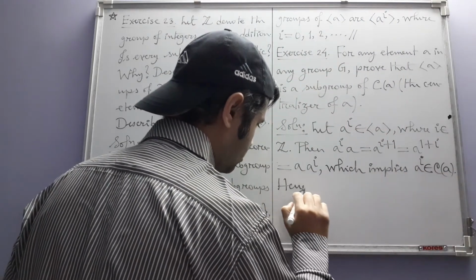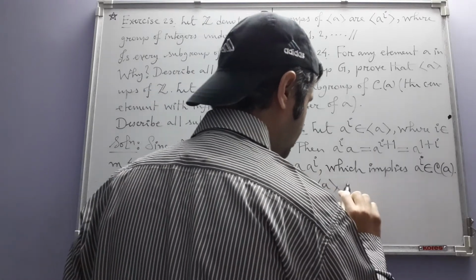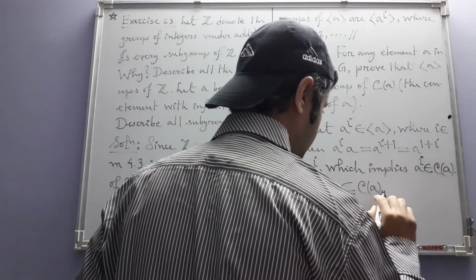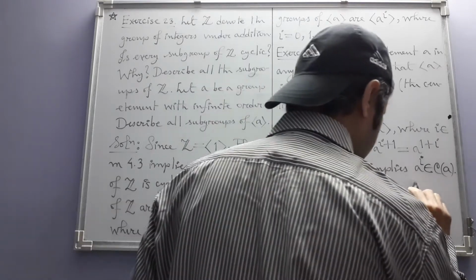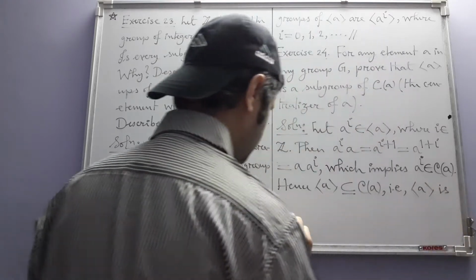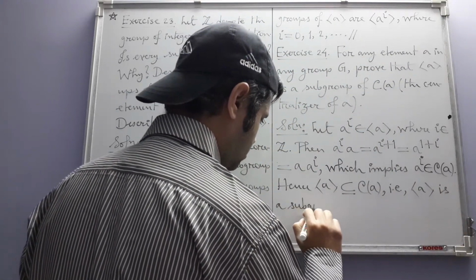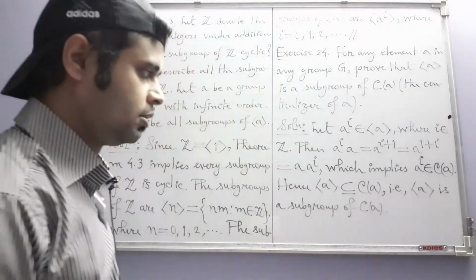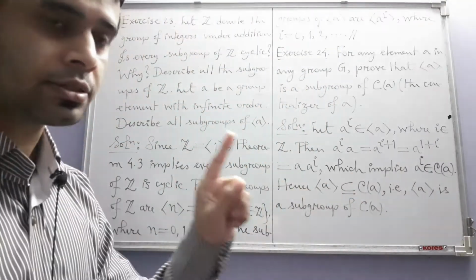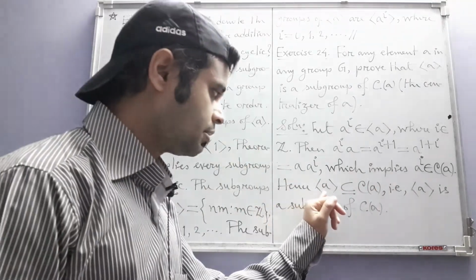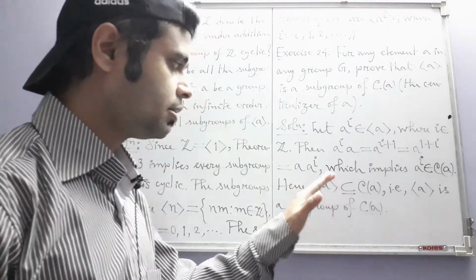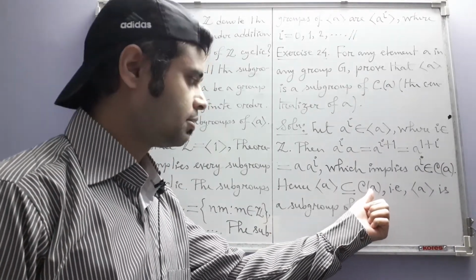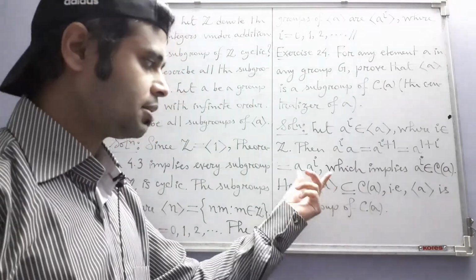Hence, the cyclic subgroup generated by A is contained in the centralizer of A. That is, this is a subgroup of C of A. Note that simply this inclusion does not mean this is a subgroup of C of A. It's because both of them are groups and the binary operations in both of them are consistent, in the sense that if you restrict the binary operation of this to this subset, then that becomes the binary operation on this.